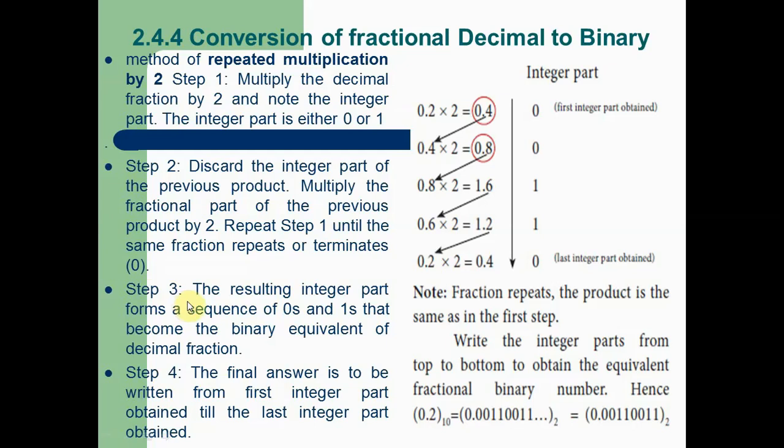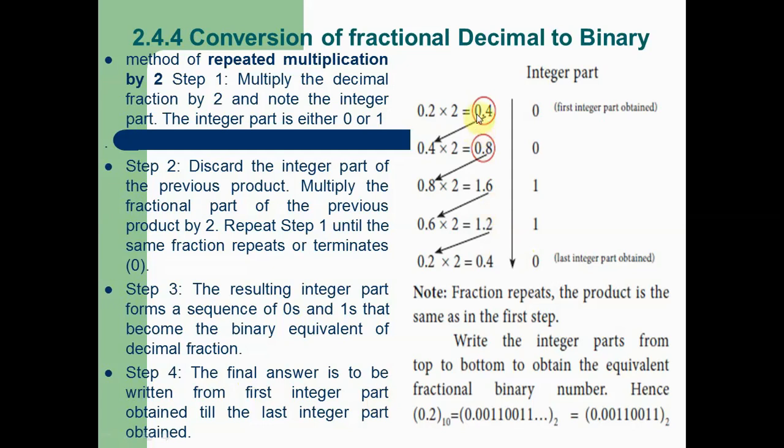The resulting integer parts form a sequence of zeros and ones. When you take these integer parts, you get the combination of binary digits, which should be arranged from up to down. The final answer is written from the first integer part obtained till the last integer part.